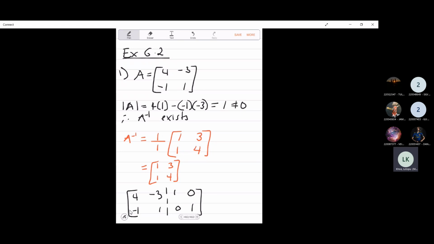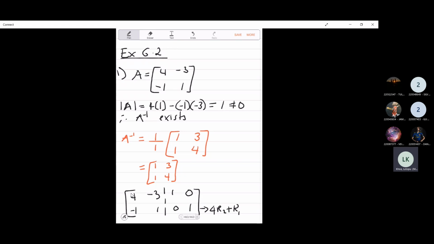To do that, we will say 4 times row 2 plus row 1. Okay, so I'll multiply this row by 4 and then add it to that one.